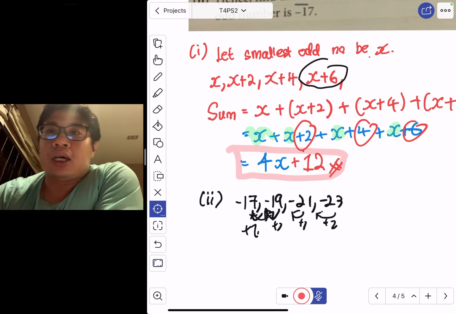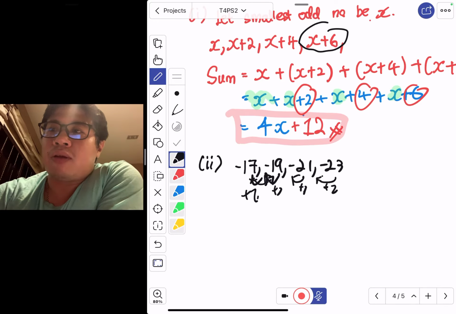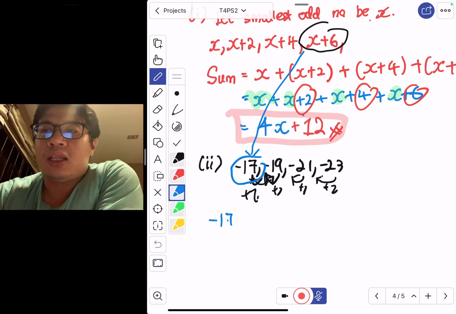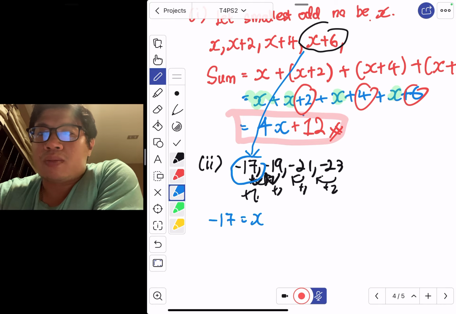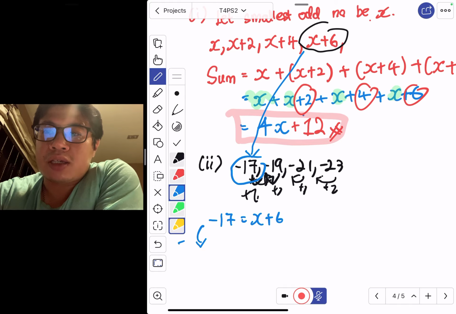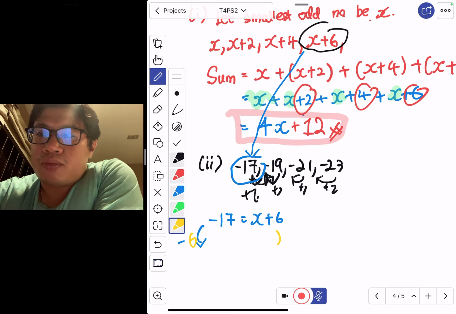So what is the hence method? Based on the formula, if the greatest is negative 17, it means that negative 17 represents your x plus 6. If you subtract 6 on both sides, it means that your x is equal to negative 23.